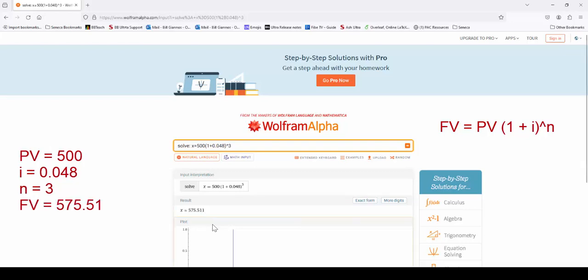So for example, instead of looking for future value, let's say we were looking for present value. You would use the same formula, but just put an x for a different variable. So 575.51 equals x times 1 plus 0.048, exponent 3.